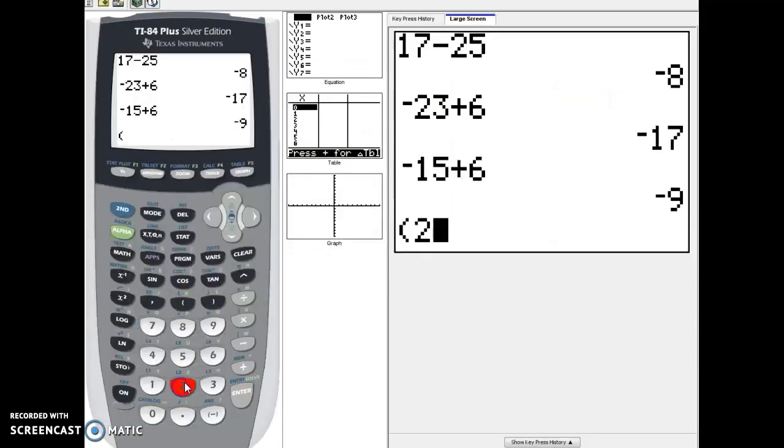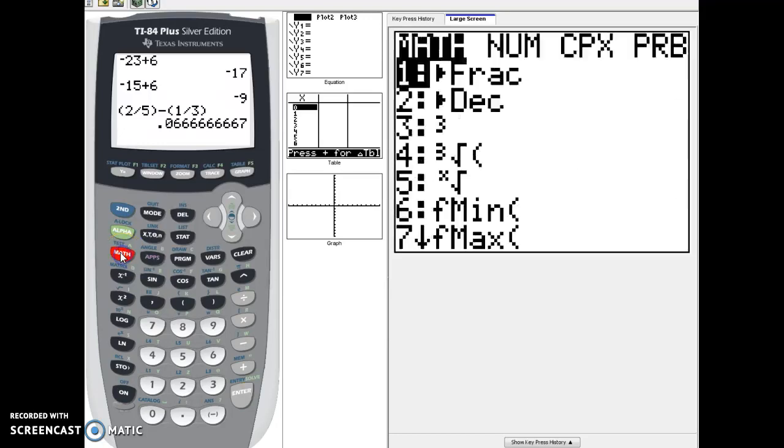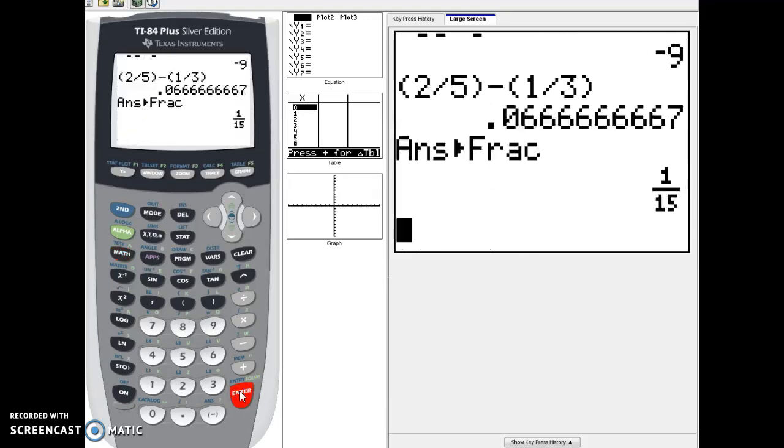Parentheses 2 divided by 5, close parentheses, minus parentheses 1 divided by 3, close parentheses, enter. Okay? And then what do I do with that number? How do I convert it to a fraction? Math, enter, enter. Okay? So my answer is 1/15.